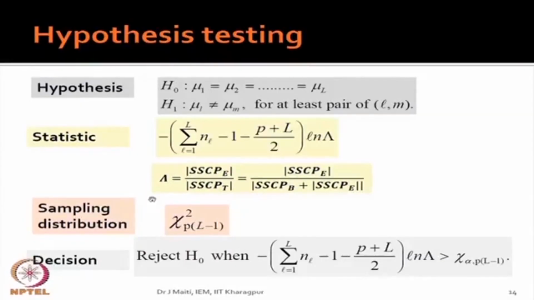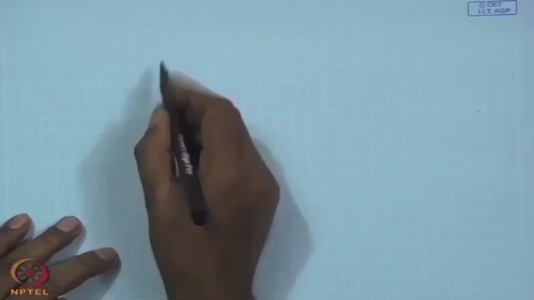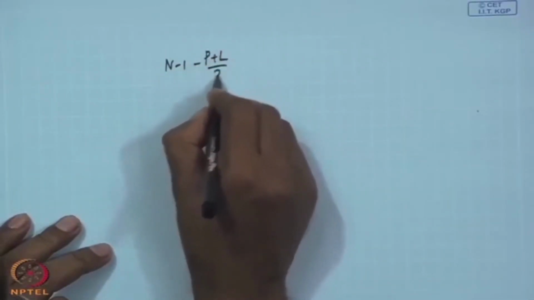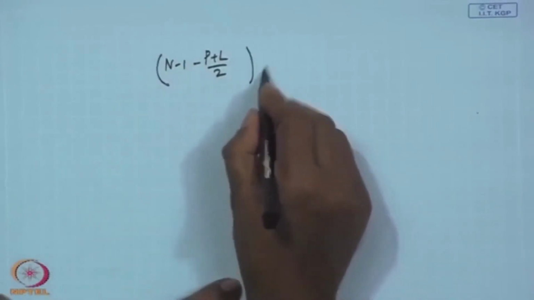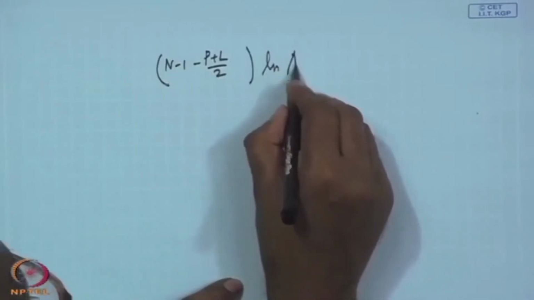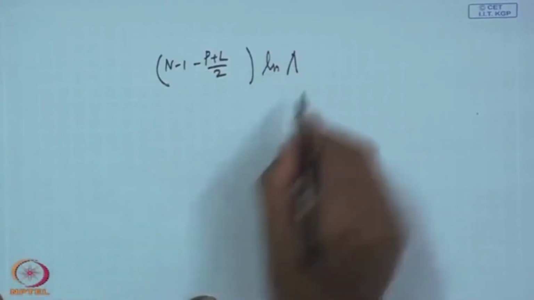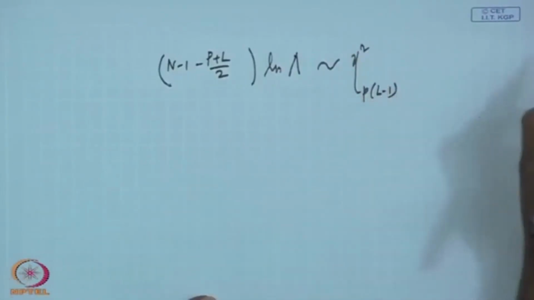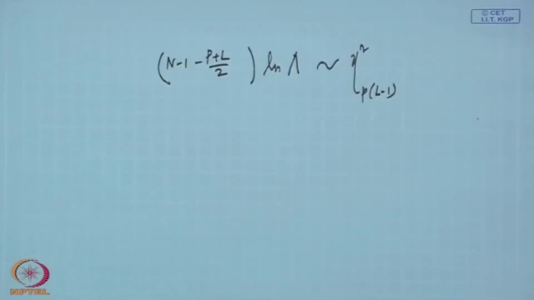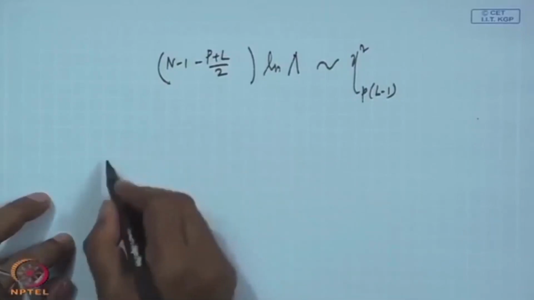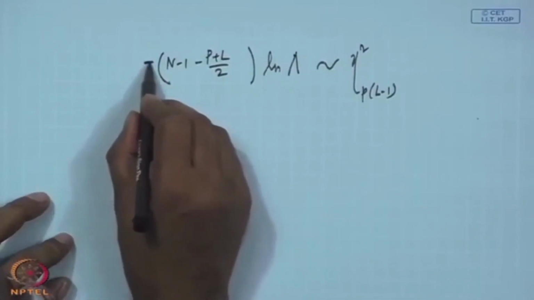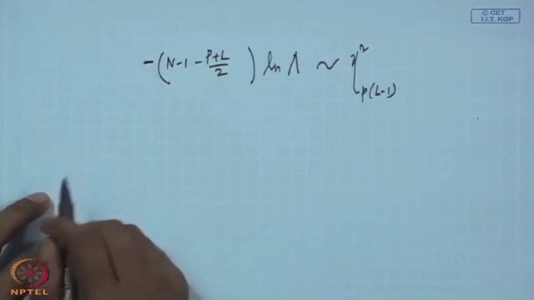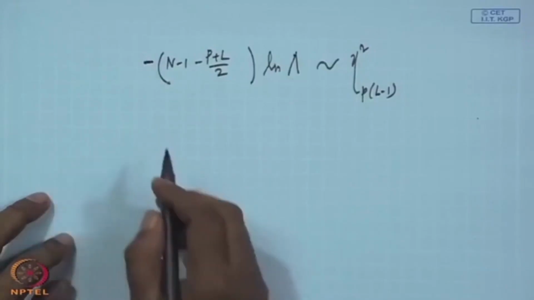So, what is our statistic? Our statistic is minus (n minus 1 minus (p plus L) by 2) log lambda, that is Wilks lambda, and this follows chi-square with p into (L minus 1) degrees of freedom. What will be your decision? Because Wilks lambda is a low value, log lambda is negative, so keeping the minus here we are making it positive.